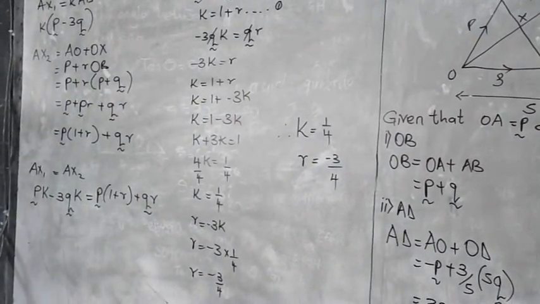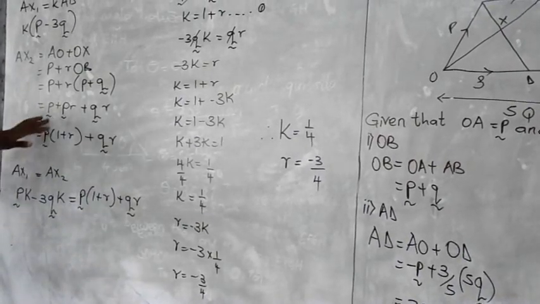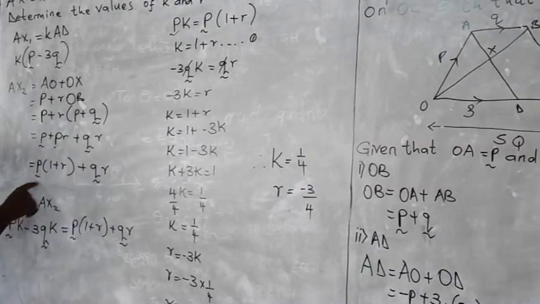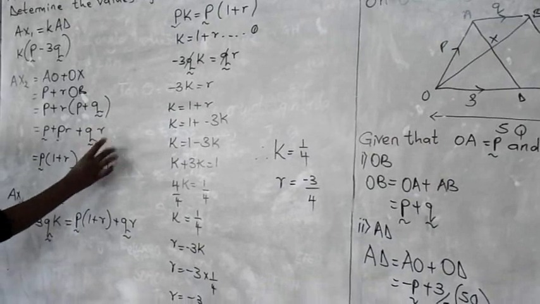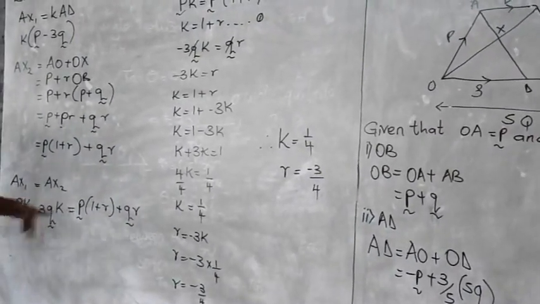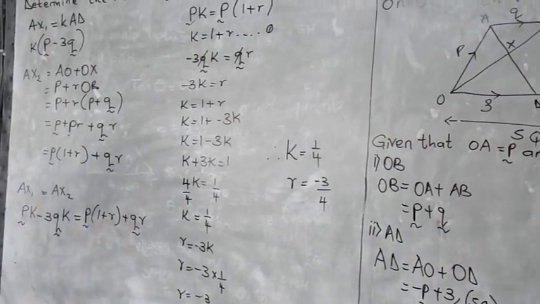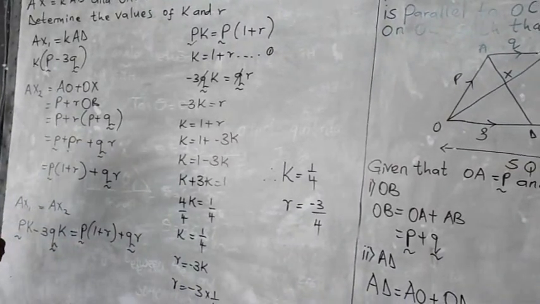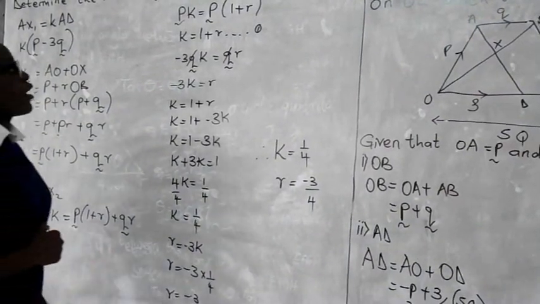Next, you are going to factorize these two. Since P is common, you put it outside, and inside the bracket, you're going to have 1 plus R, plus QR. And as you all know, AX1 is equal to AX2. AX1 we have as PK minus 3QK is equal to AX2, which you got as P into 1 plus R, close the brackets, plus QR.